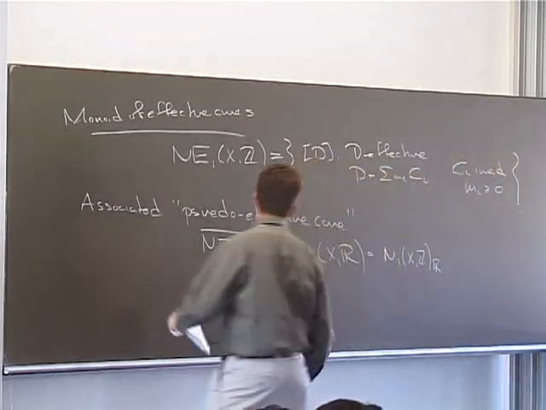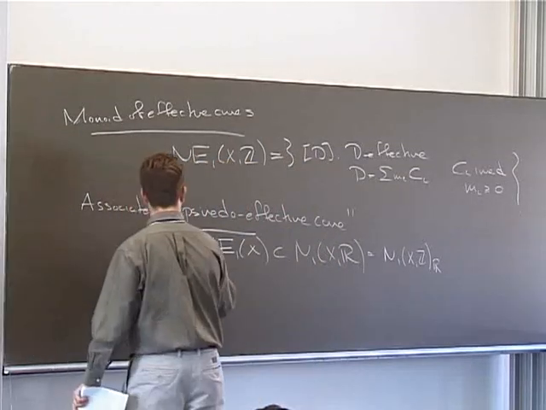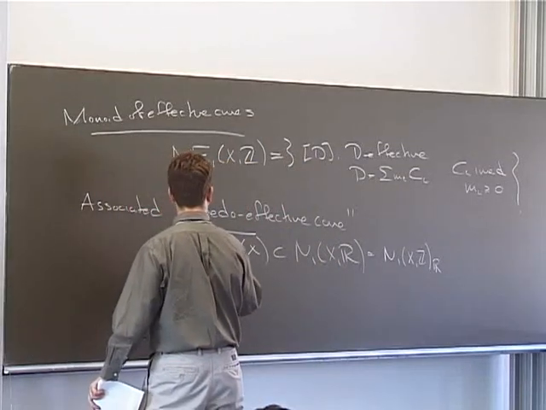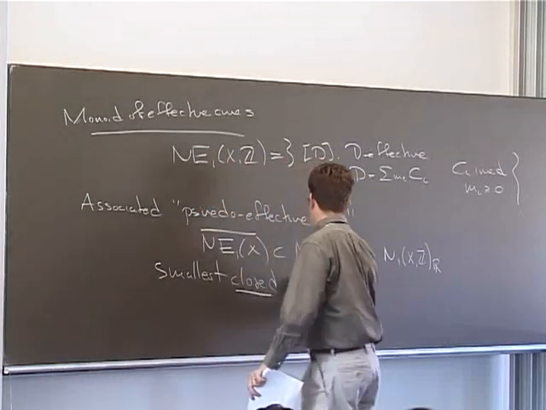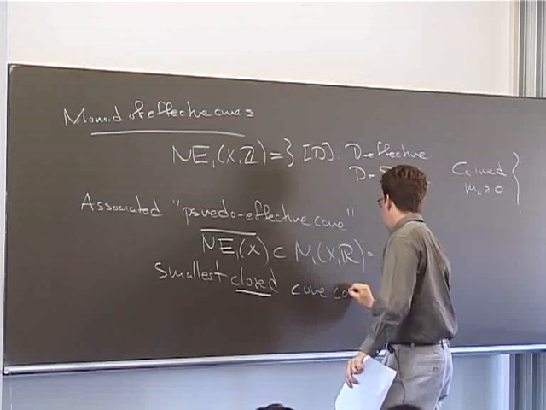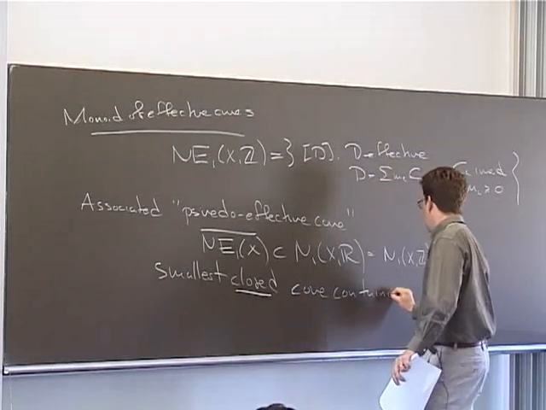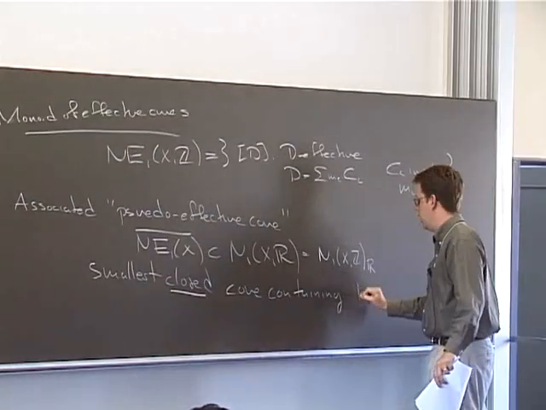It is the smallest closed cone containing our monoid.